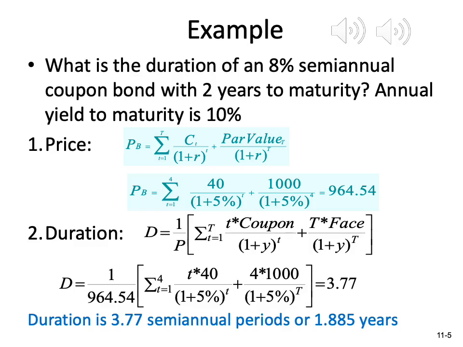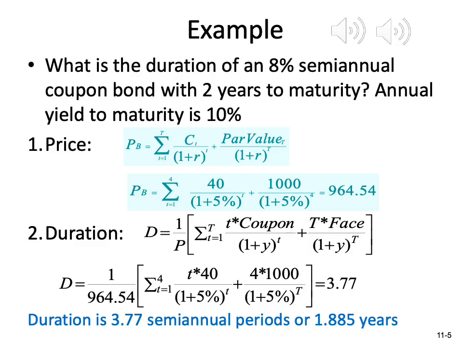To calculate the price of the bond, we're going to use the formula. 8% coupon rate semi-annual payment means each payment every 6 months is $40, which is 8% times $1,000 face value divided by 2. 2 years means we have 4 six-month periods. Face value $1,000. Plug in all the numbers and we get the price is $964. So this is the price.